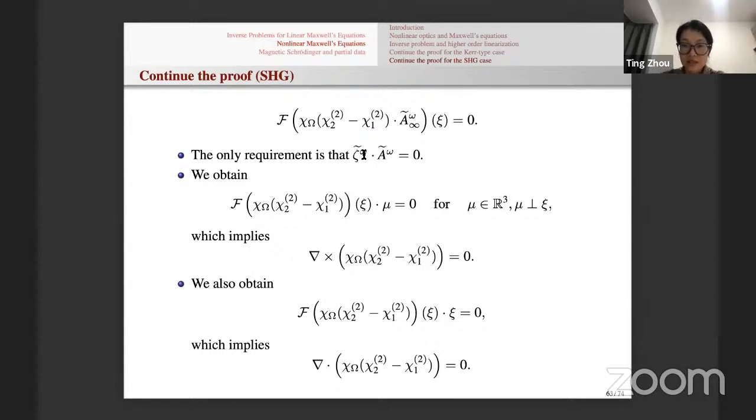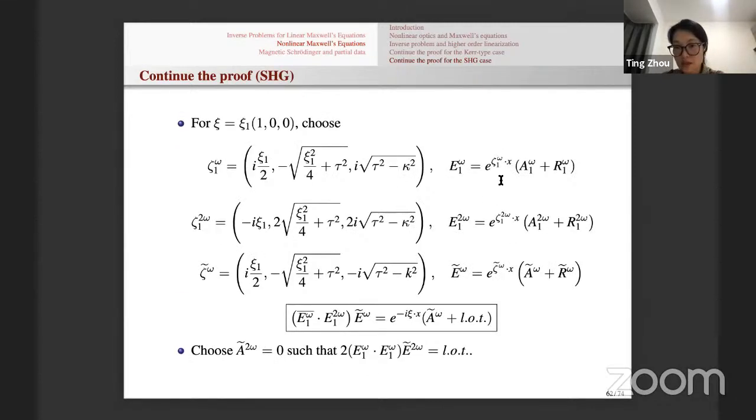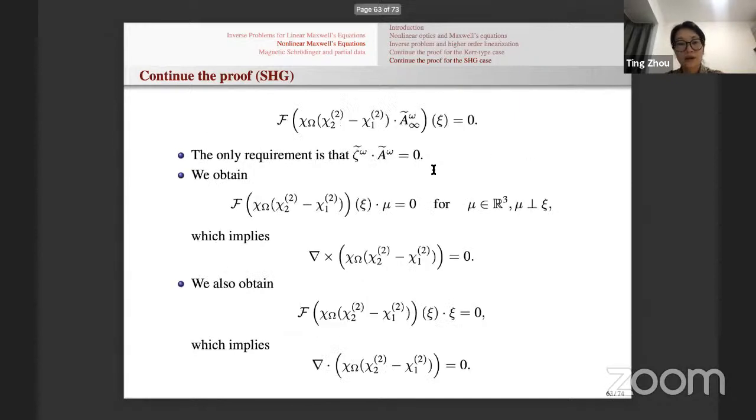As I mentioned, the CGO solution we're choosing here is such that the amplitude dot zeta is 0. And we have 2 degrees of freedom to choose this amplitude such that first this is true, and then we get the Fourier transform of the difference.